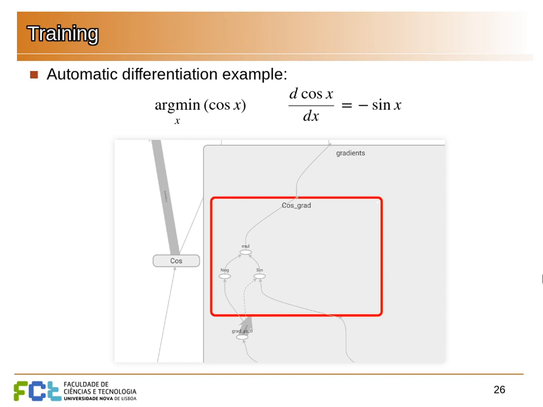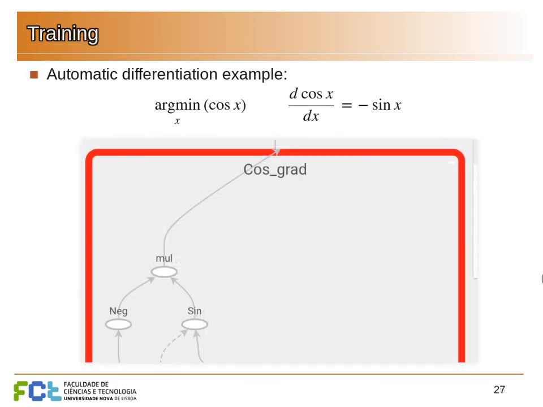So this graph expresses the sine of x multiplied by the negative sign, and this is the gradient for the cosine function. This is done automatically: you're telling it to put the cosine computation on the graph, and it automatically puts the derivative there also, so that it can do backpropagation and compute the derivative for the optimization.